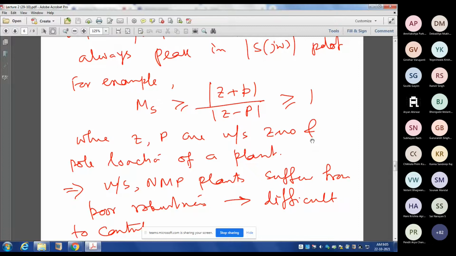It may happen that for a feedback system, gain margin and phase margin are good, but your MS is large. As a result, if there is a little perturbation or parameter variation in the system, then the system may become unstable.